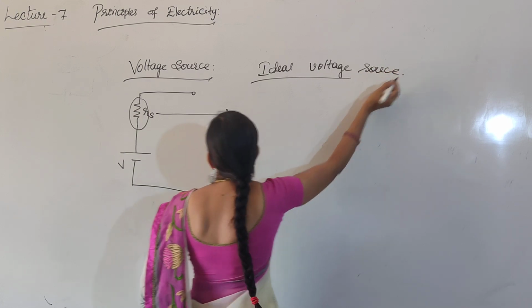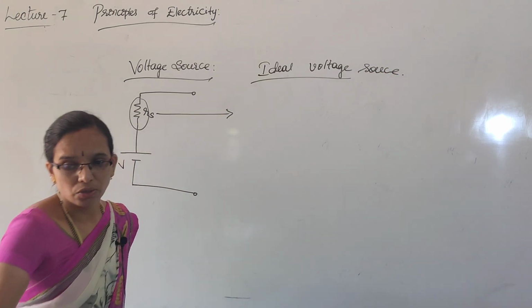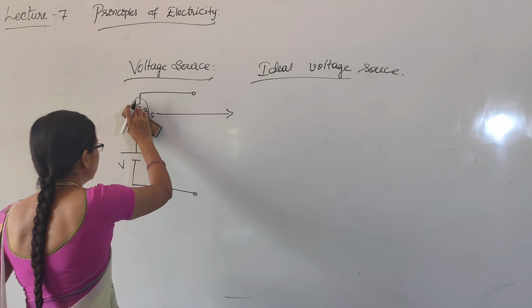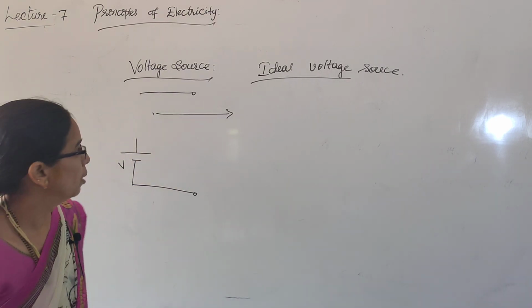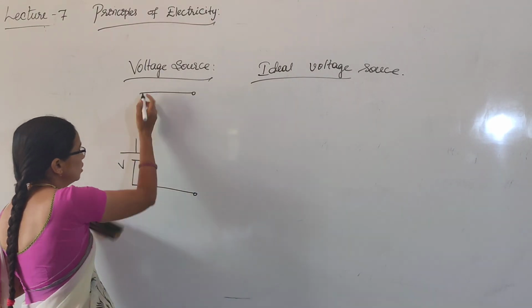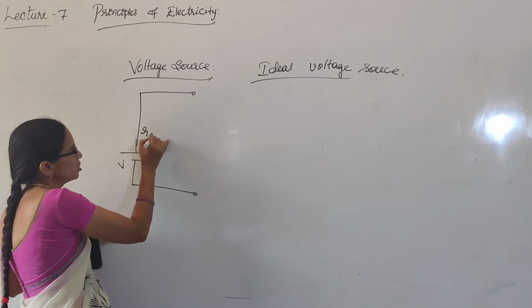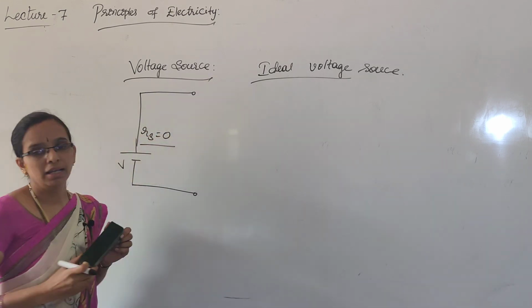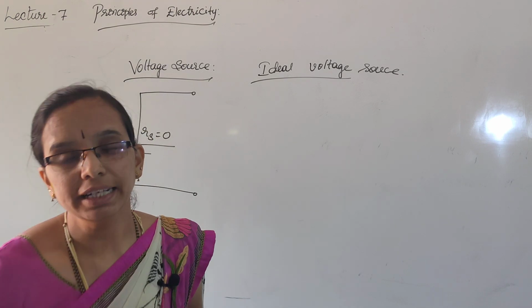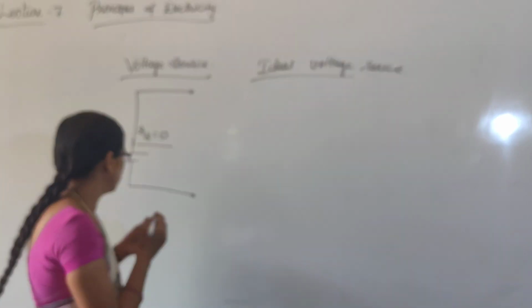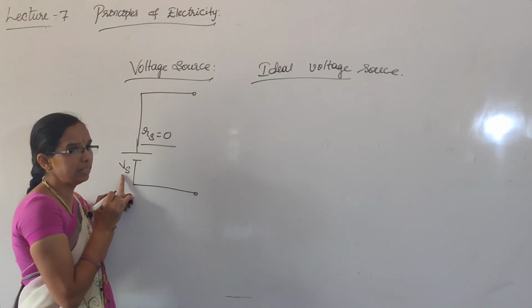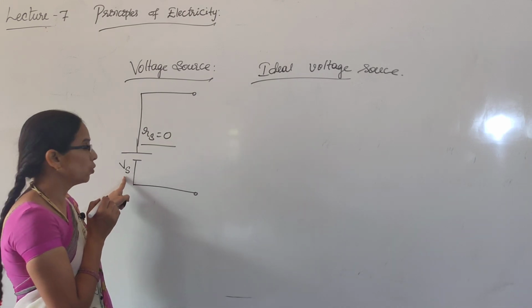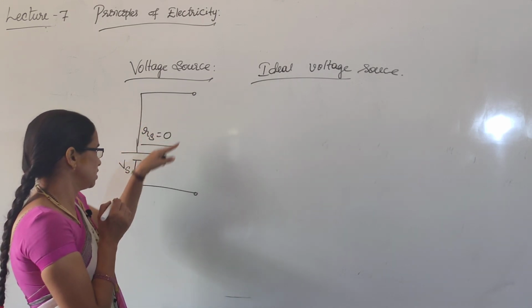An ideal voltage source will not have internal resistance, because RS is equal to 0. I will call this Vs, which is the source voltage. This is a DC source.